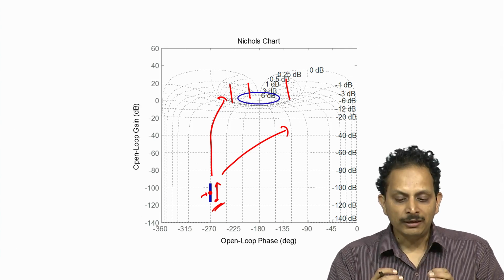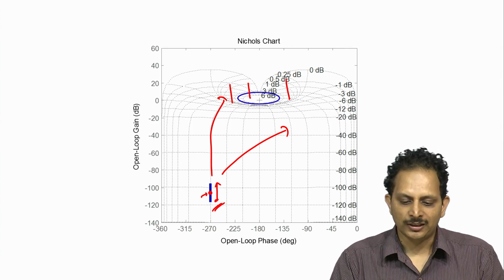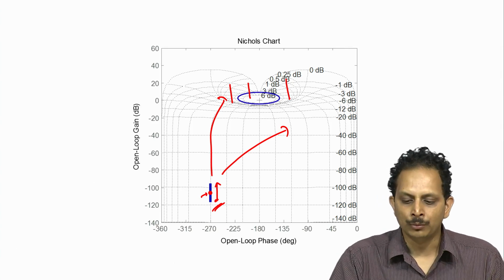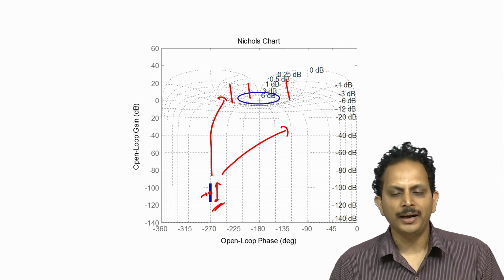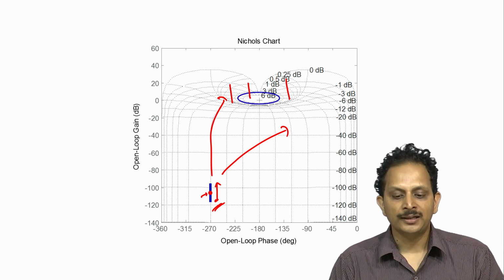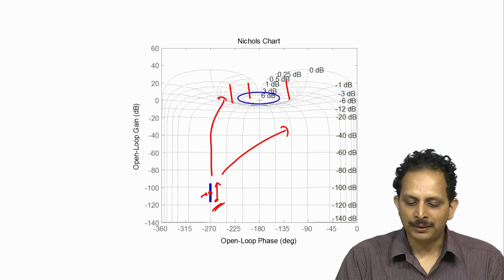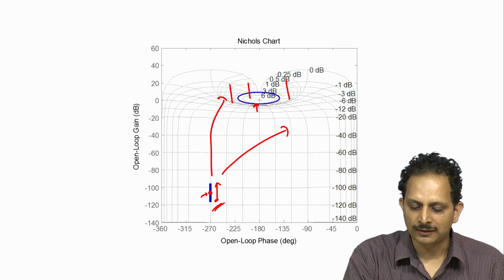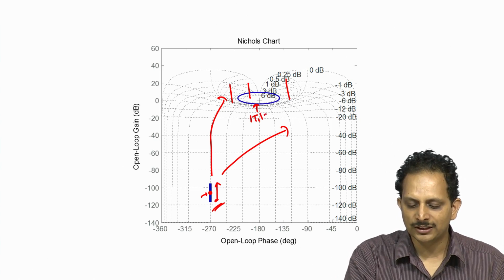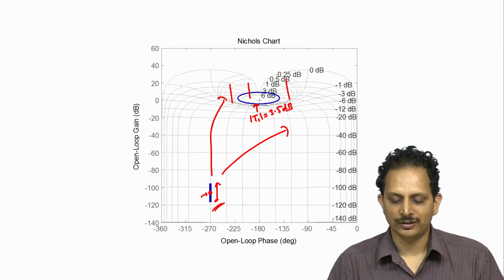But whatever it is that the controller does and wherever it is that the controller moves the overall plant template, we should make sure that no part of the plant template enters this forbidden circle, which is magnitude of T1 equal to 3.5 dB at this particular frequency.